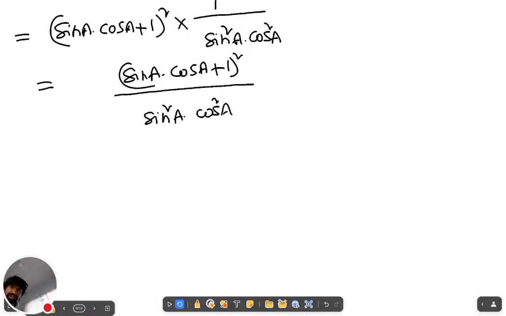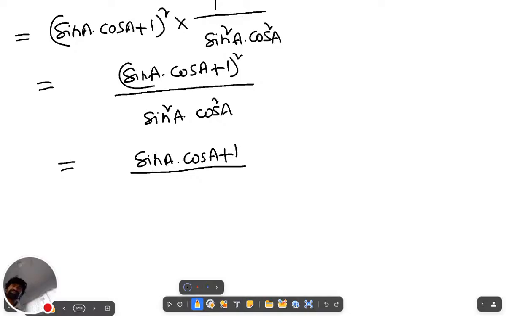Now numerator has square, denominator also has square, so we can write like this. So sin A into cos A plus 1 whole by sin A into cos A whole square.